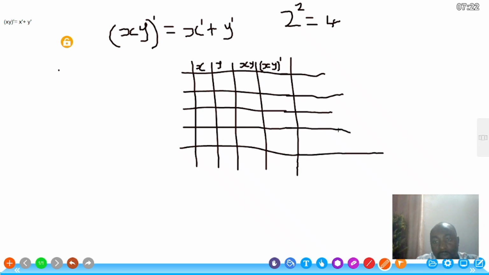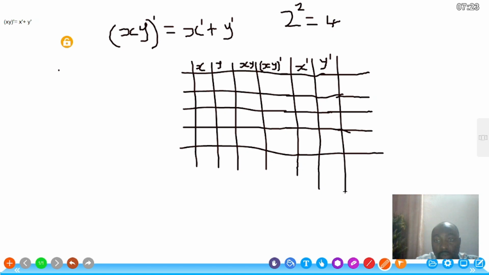So let's form them and then work them out to see at the end whether we are going to have the same solution on the left hand side as on the right hand side. So we need a column for x prime, a column for y prime, and then a column for x prime plus y prime.